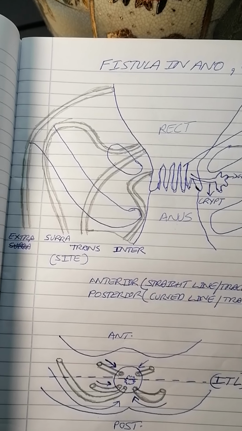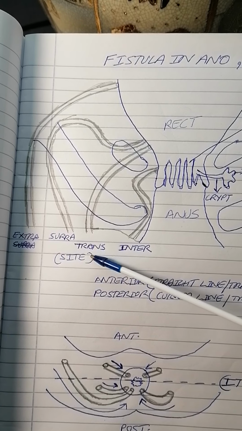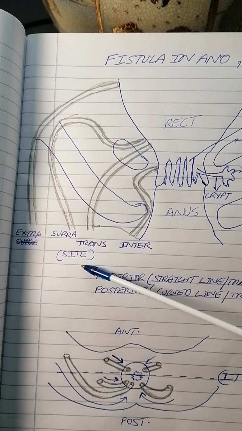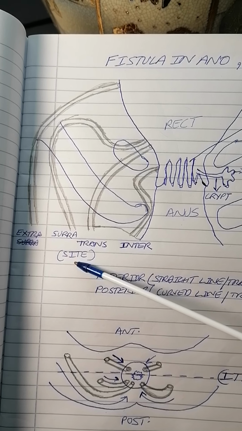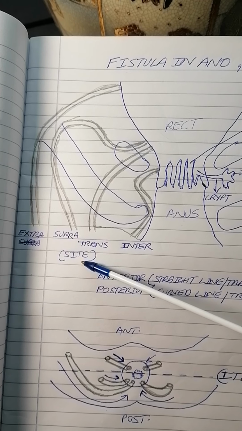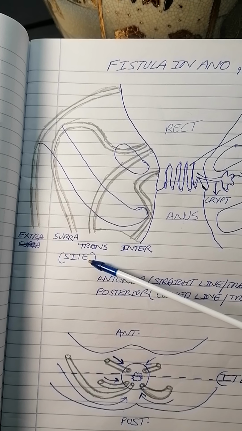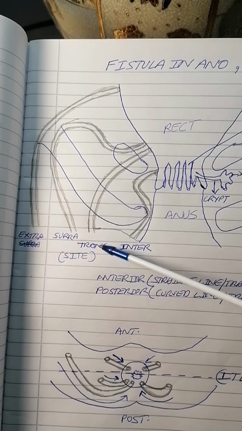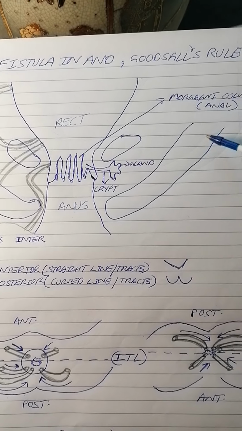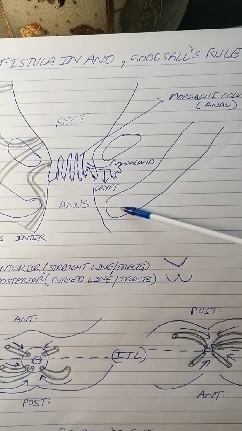So the mnemonic was SITE. S is for supra, I is for intersphincteric, T is for transsphincteric, and E is for extrasphincteric. It's all about these two sphincters which I've drawn here: this is your internal sphincter, and this one is your external sphincter.